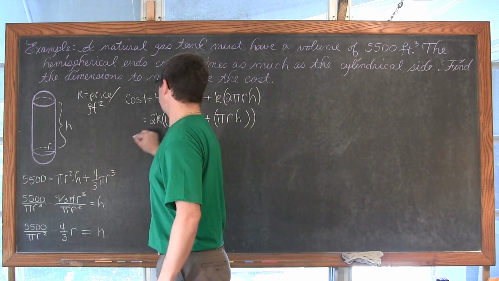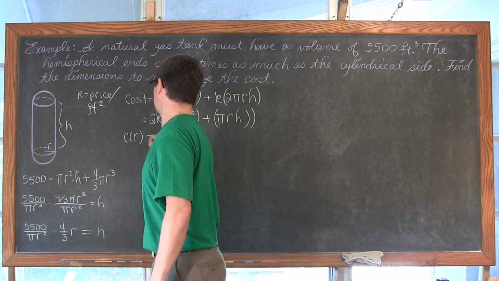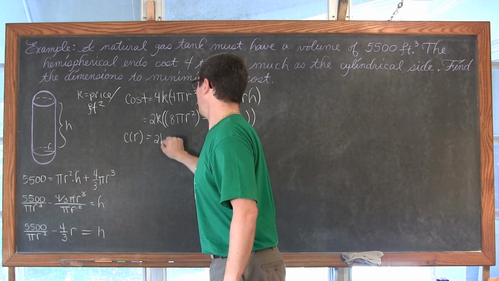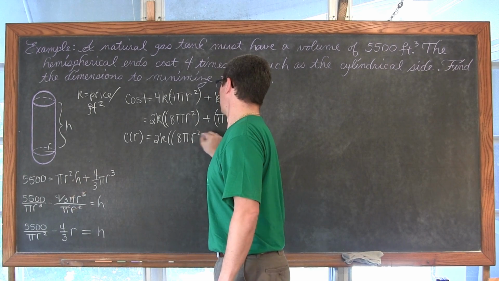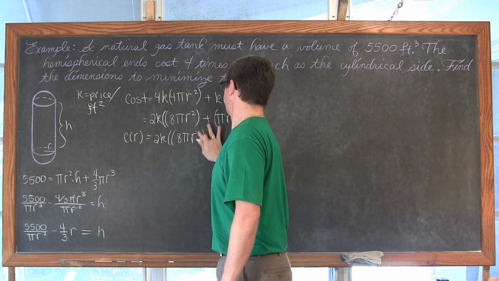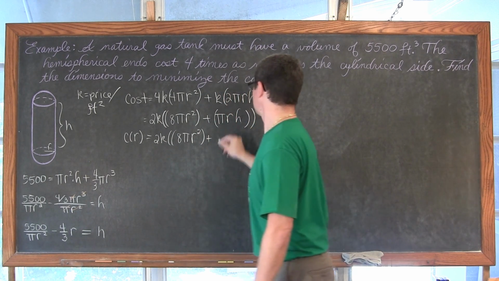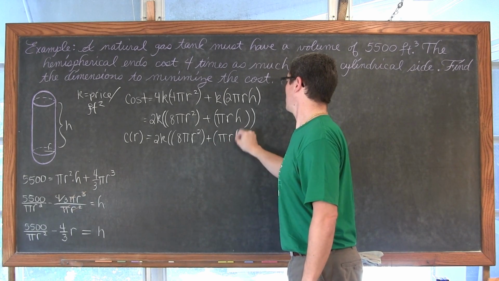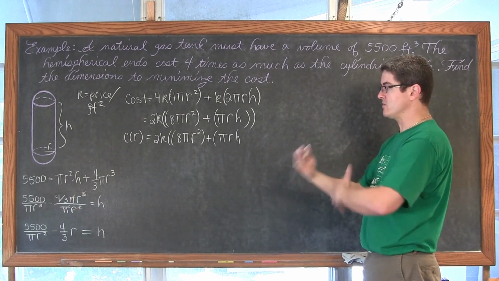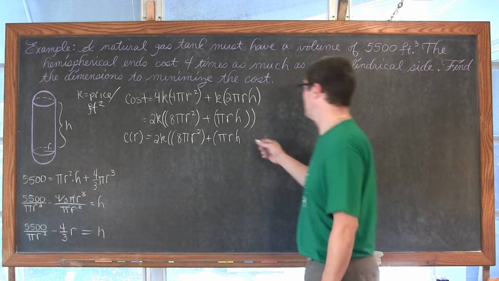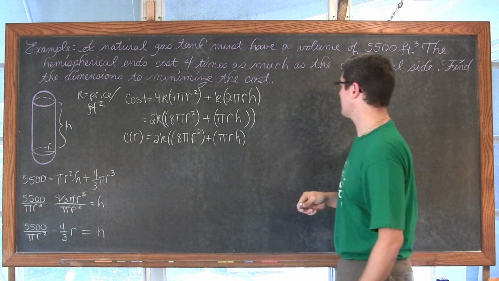We have the cost in terms of R is equal to 2K times (8 pi r squared plus pi r h). It's really better to use too many parentheses than not enough and forget that you have to do some kind of distributive process somewhere. So this is a little bit of overkill, but that's okay.